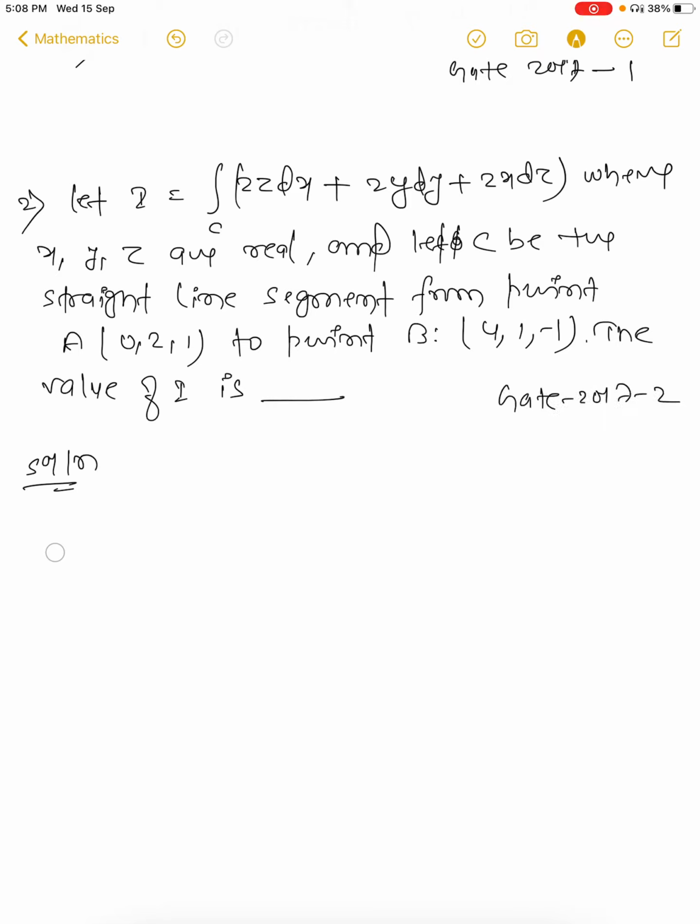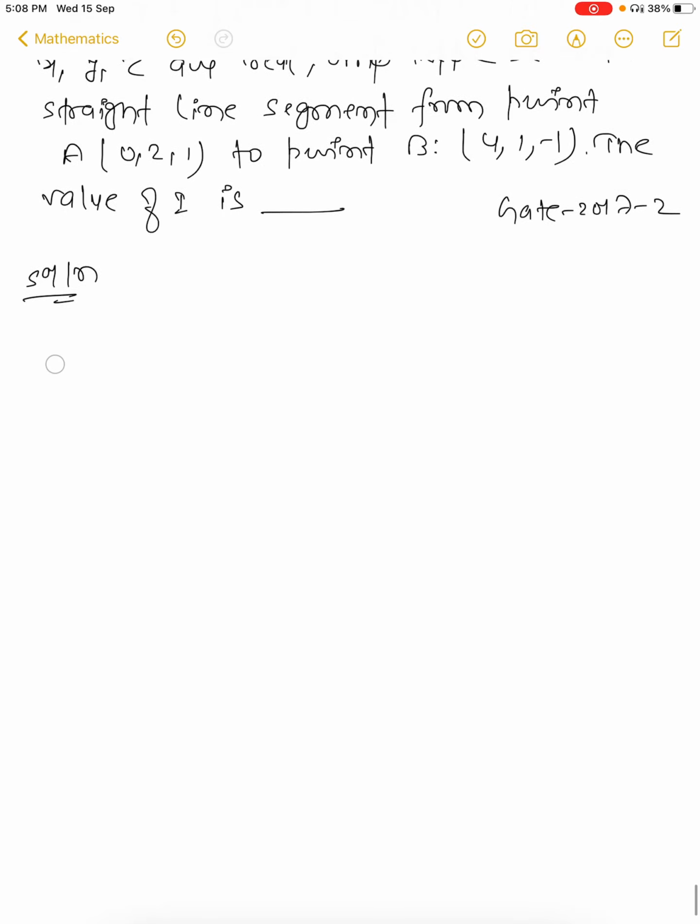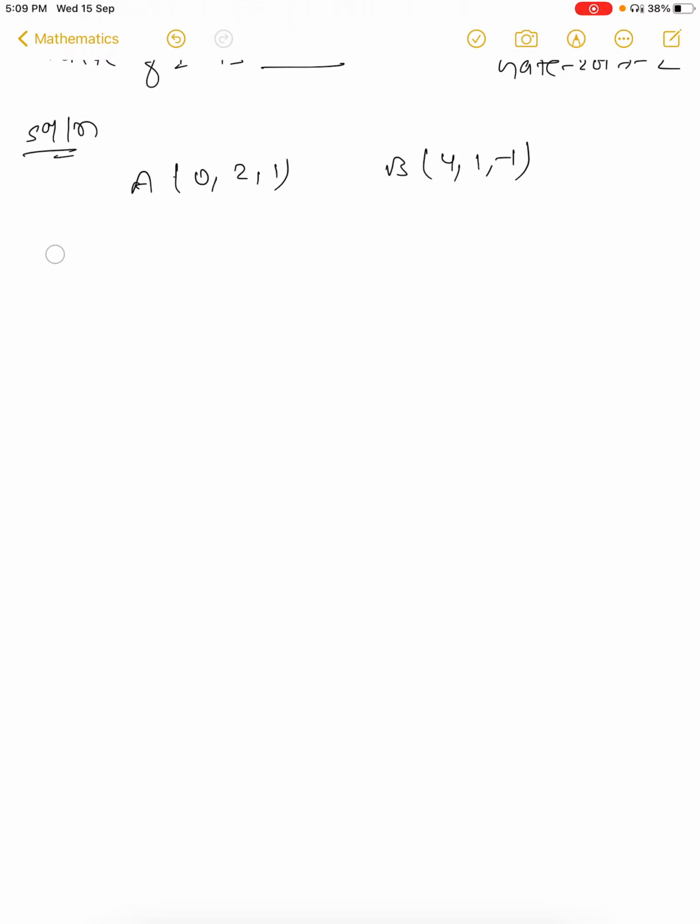Okay, so point A is given, 0 2 1, and point B is given, 4 1 minus 1. So the equation of AB is a straight line.